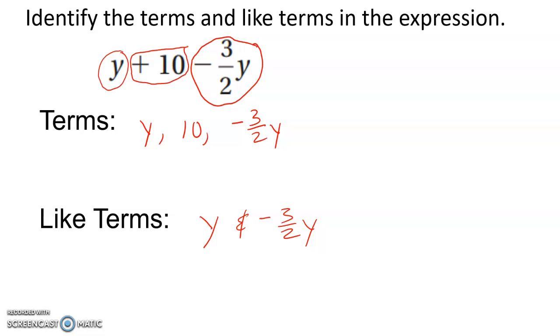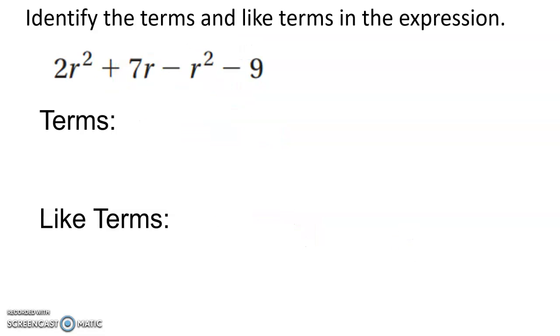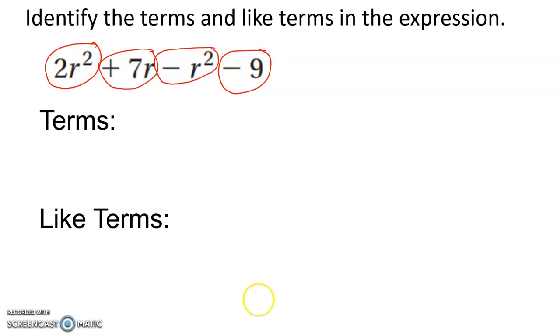And you've covered this in 6th grade. So terms again. Here's a term. Here's a term. See how I include the sign that's in front of it. So if I write those terms now, it would be 2r squared, 7r, negative r squared, and negative 9.